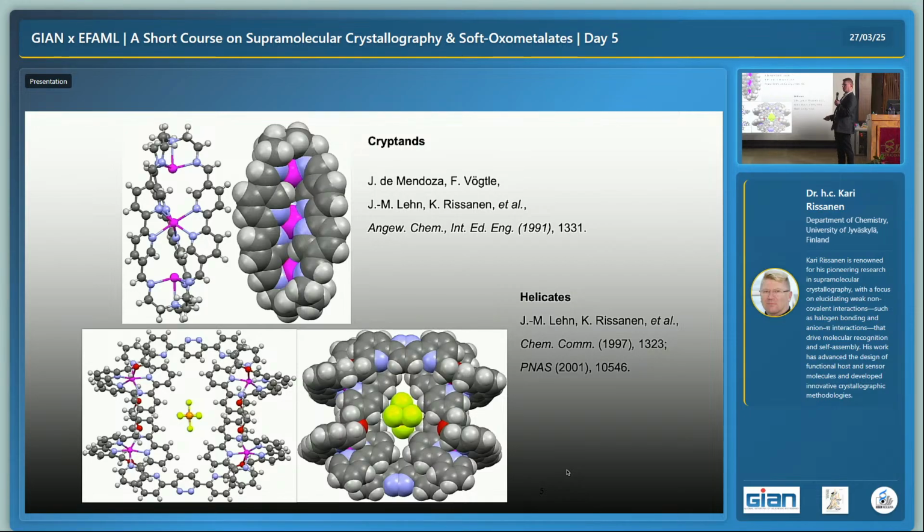Double. Okay, that it's a cyclic structure, so it's a long one. So it starts from here, goes up there, and then on the other side it starts from here. This is how it looks.